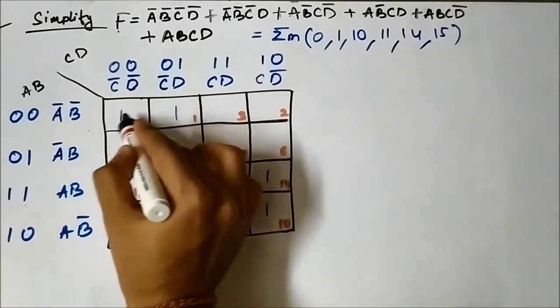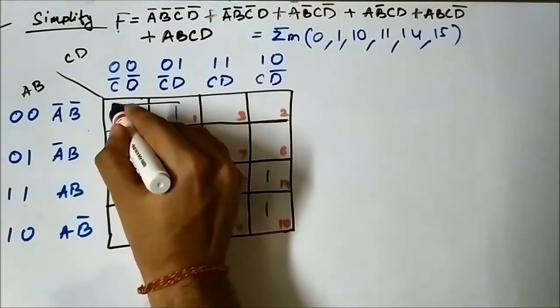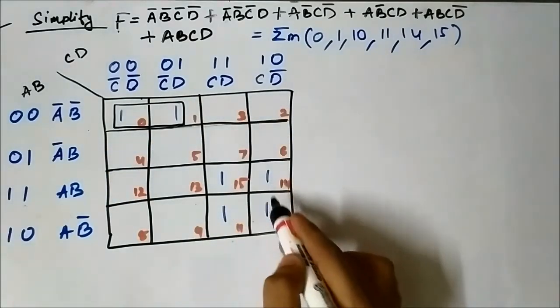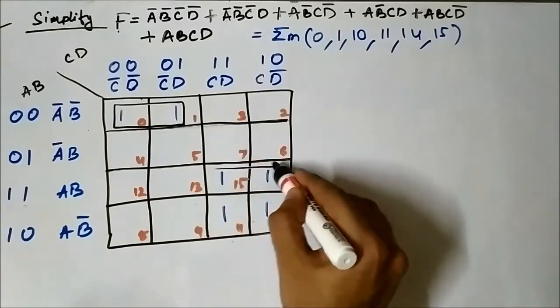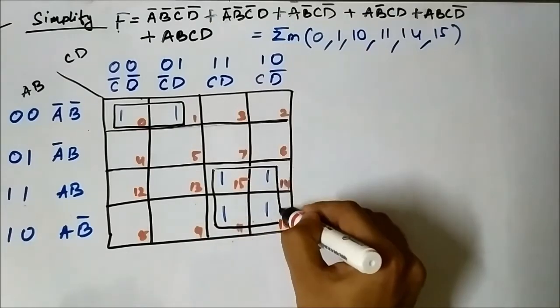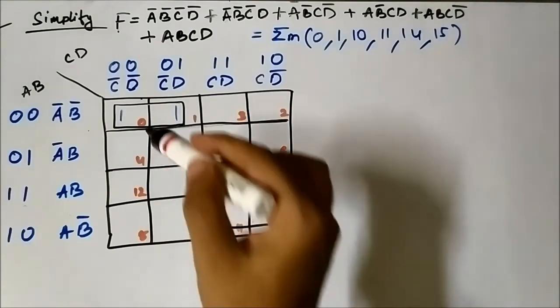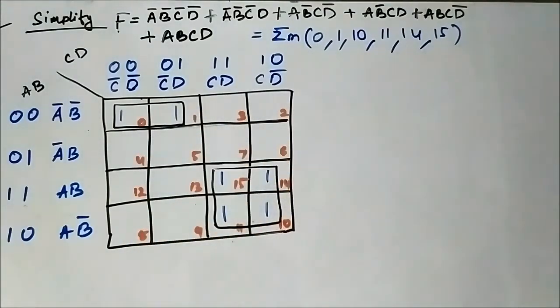Here we have 2 adjacent cells, so we can form a pair, and here we have 4 adjacent cells, so we can form a quad. All the marked cells are grouped: 2 groups are formed, 1 pair and 1 quad. Now we have to identify the common variables for each group.